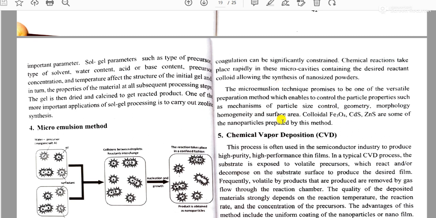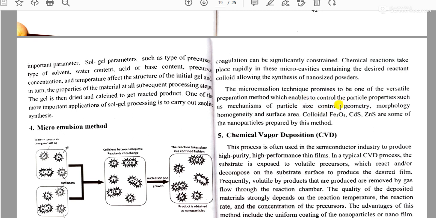So nothing but this technique is a very versatile technique, offering better particle size control.